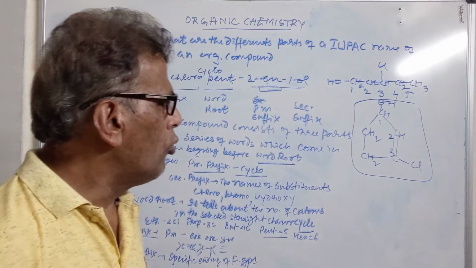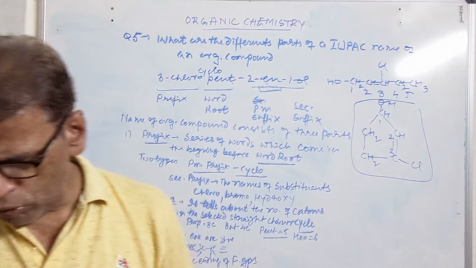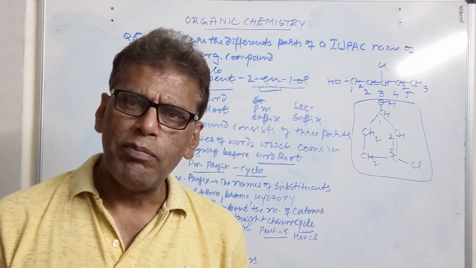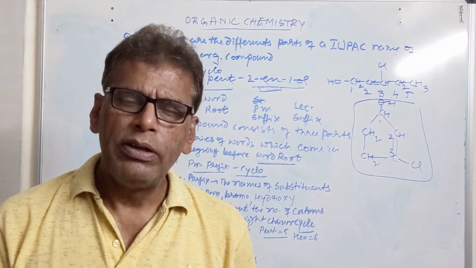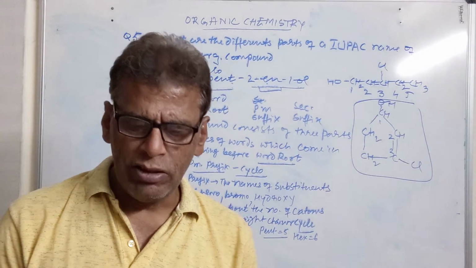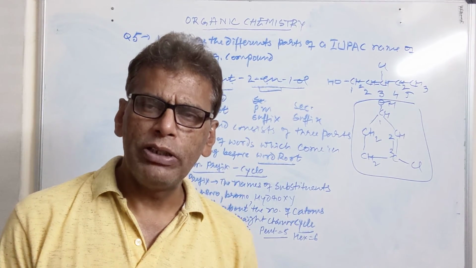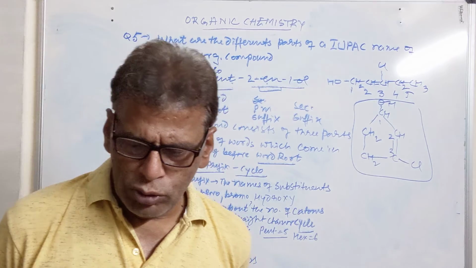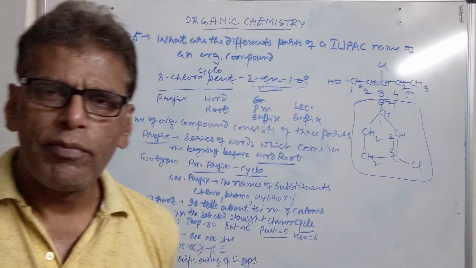What are the rules, we will discuss those rules in the next lecture, and then we'll name the compound without functional group, then with functional group, and then the compounds having multiple functional groups, 2, 3 or more than that. So we'll be dealing with them in the next lecture.